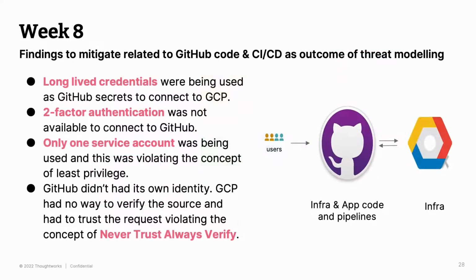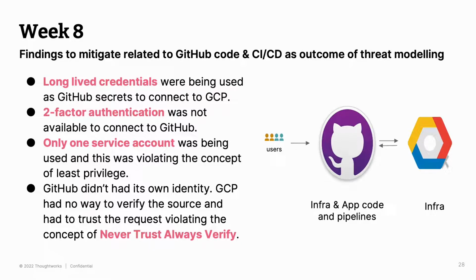By the end of week 8, we had these findings in terms of our GitHub code and CI/CD pipelines. We realized that we had long-lived credentials. We created them, but they never expire. It's like giving a key to someone and never asking for it back. We realized that we do not have two-factor authentication, not good. We realized that we were using only one service account, and this service account was like a super user.